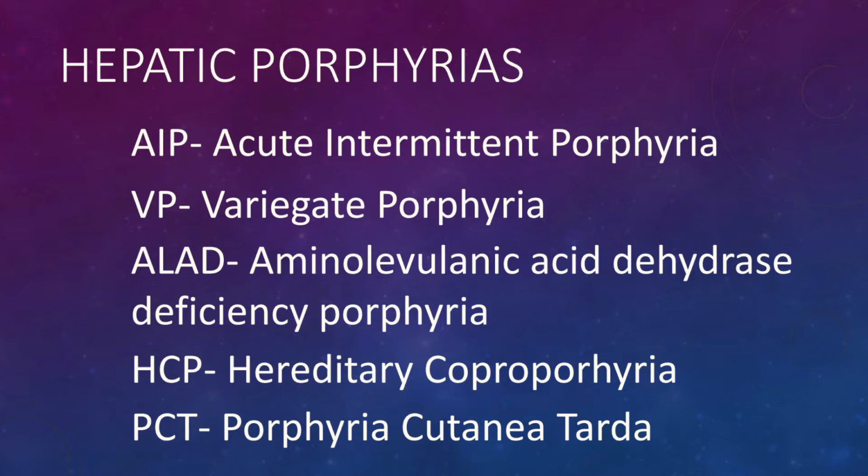So the most common one is actually Porphyria cutanea tarda, which has skin manifestations, acute intermittent porphyria, which has nervous system involvement, and there are some which have both the possibility of cutaneous and nervous system involvement.